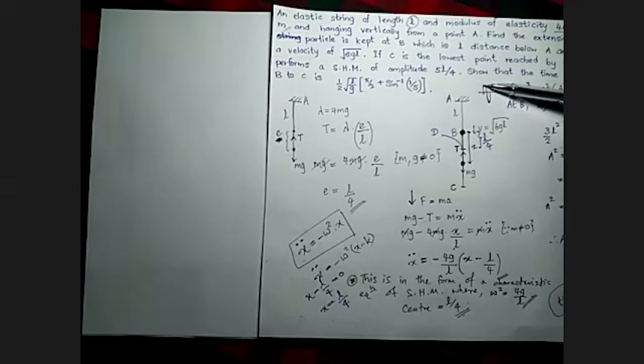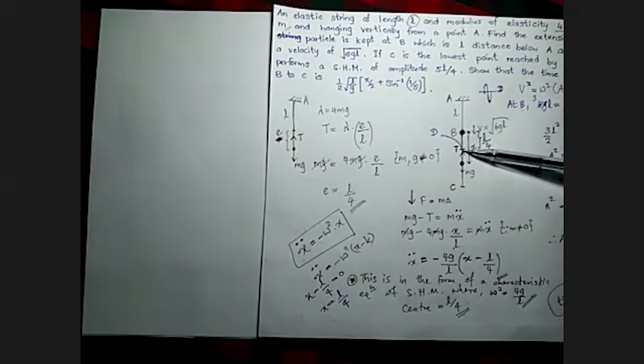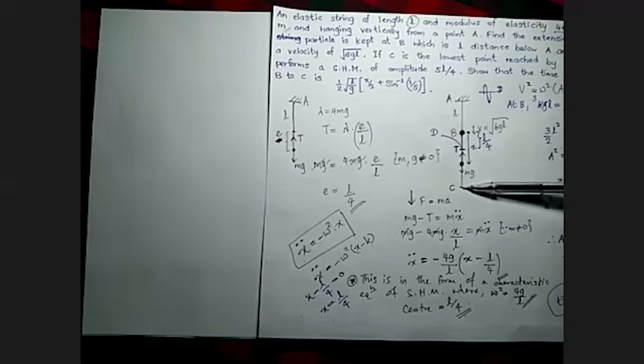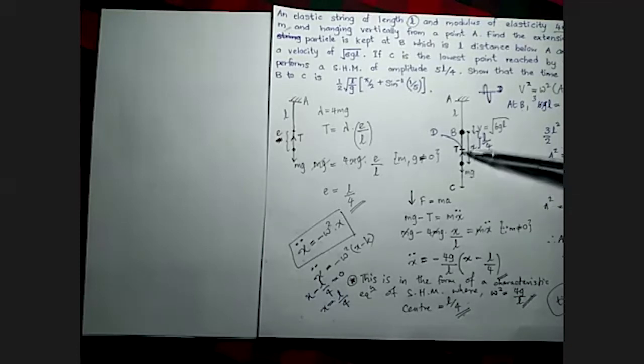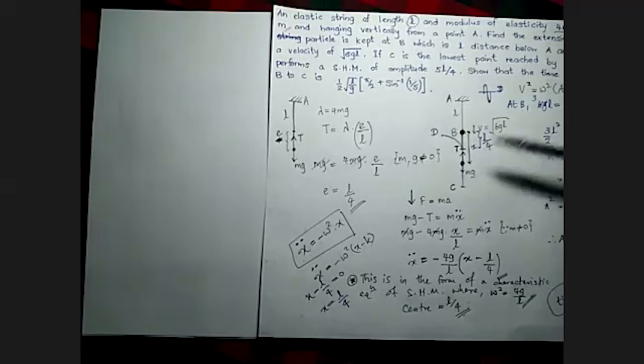It can be upward, can be downward. If this is the center and C is the lowest point, that is the maximum point the particle can reach, then this should be the amplitude. This is 5L over 4. That is the amplitude.